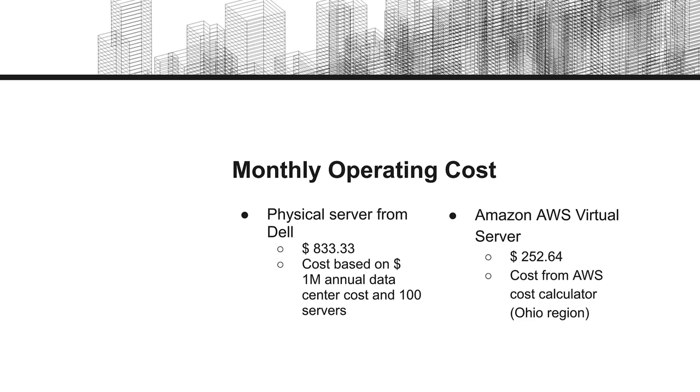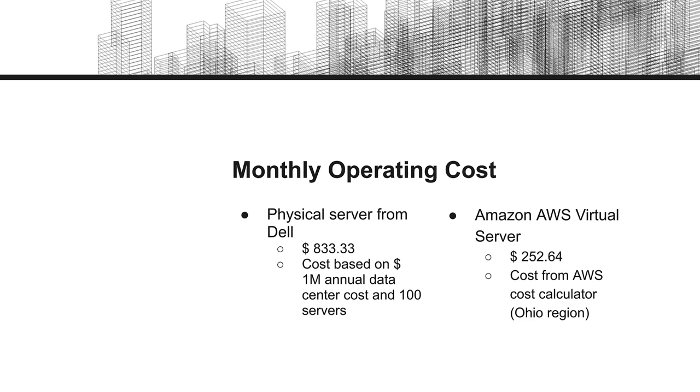That came out to be $833.33. It wouldn't be hard, by any stretch of the imagination, to imagine a $1 million budget for a data center with 100 servers in it. It's probably a very low estimate.